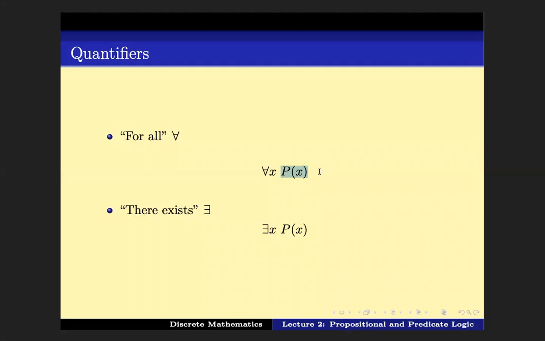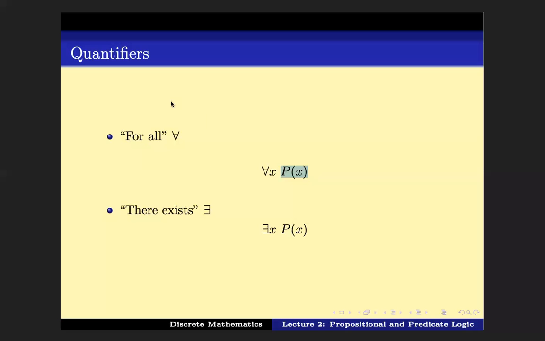Now, if I say that for all n, n square minus 1 is prime, this is a statement. But if I tell you there exists n for which n square minus 1 is prime, this is also a statement. And these two statements are not the same, right?